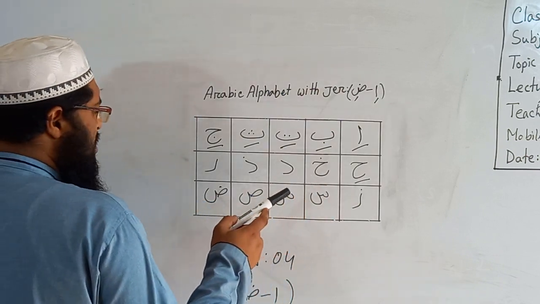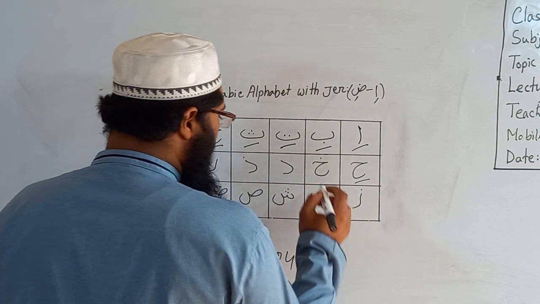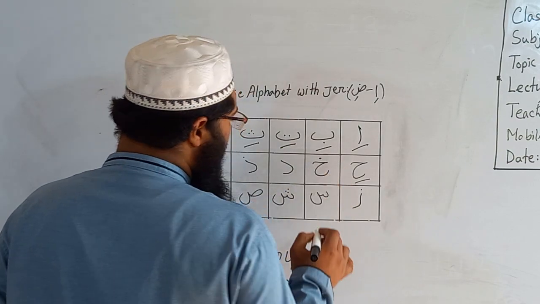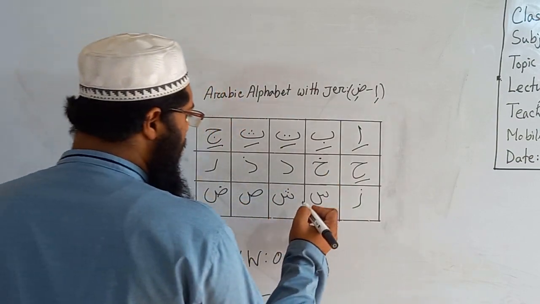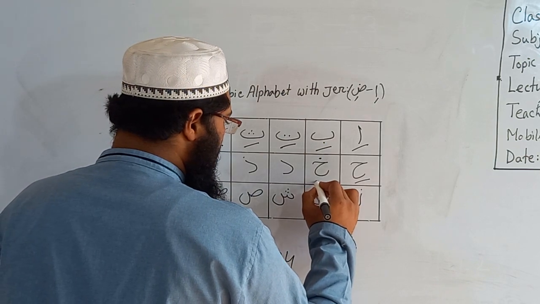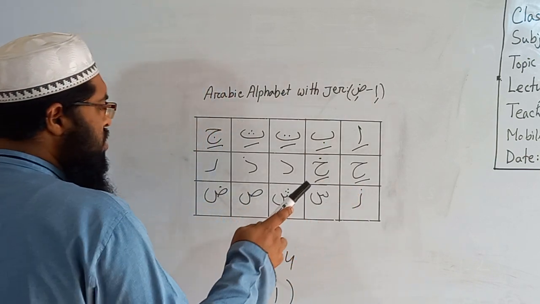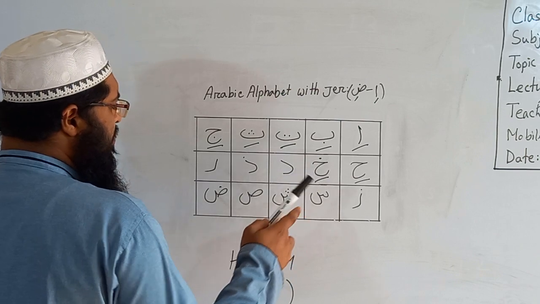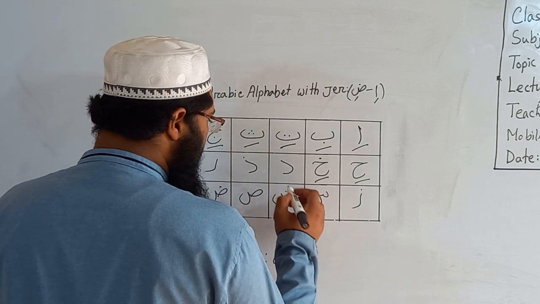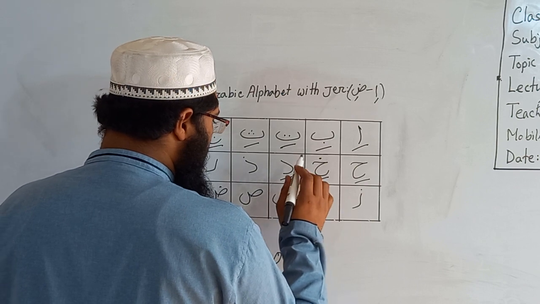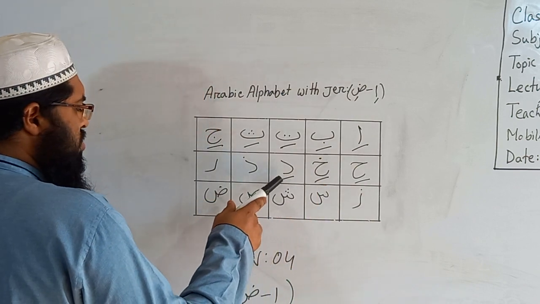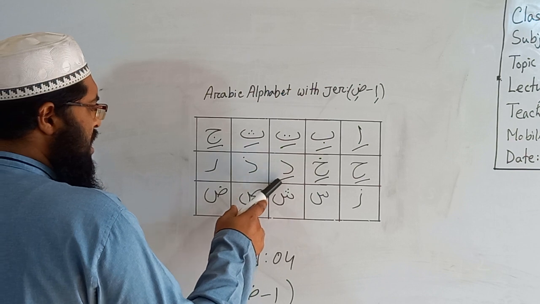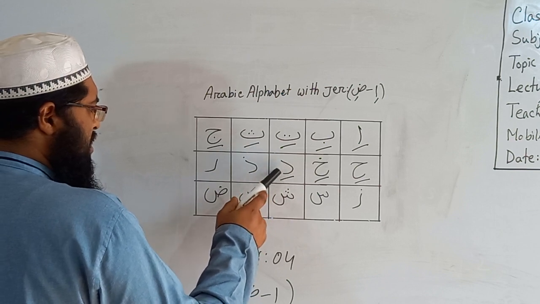Then my dear students, this one is Kha. Kha has a drop. I am giving Jer under the Kha, and you have to pronounce this one Kha Zer Khi. Then this one is Dal. I am giving Jer under the Dal, and you pronounce Dal Zer Di.